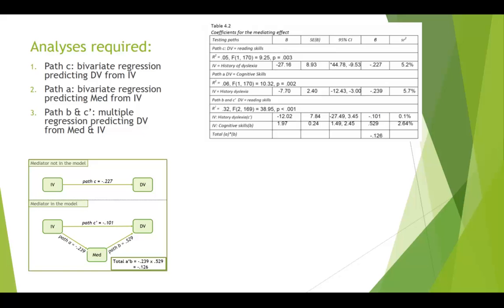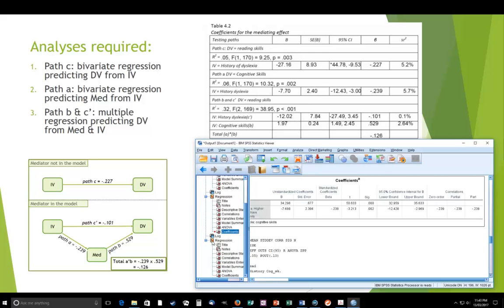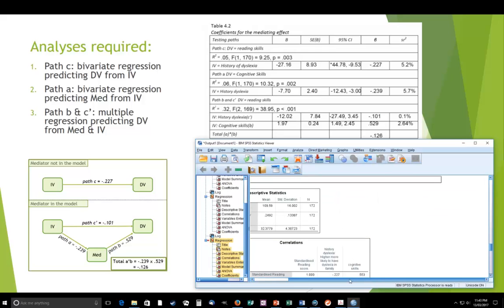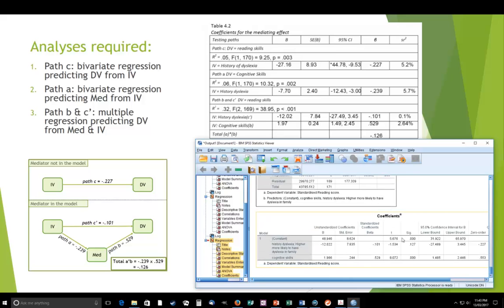Okay, and I'll show you that in SPSS. So in SPSS, if I look at the third analysis that we ran, that was our multiple regression with the two IVs predicting the DV. Go down to the coefficients, and here are the beta values, and here are all the other numbers that we used to fill in that table.